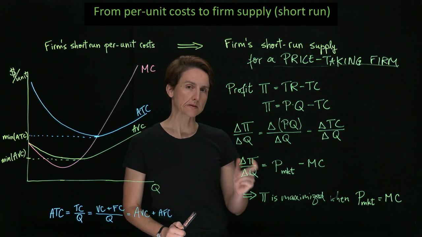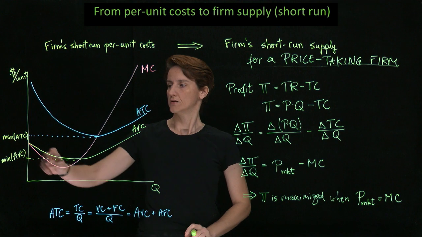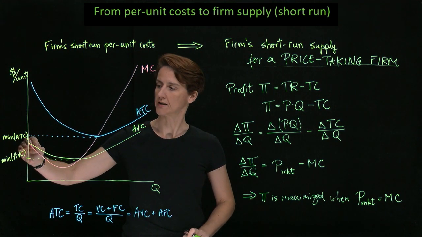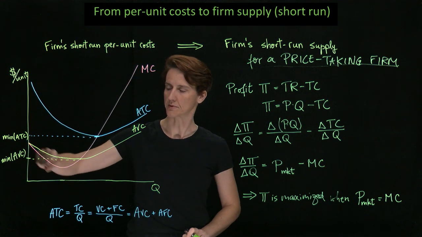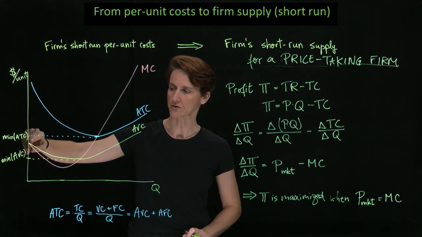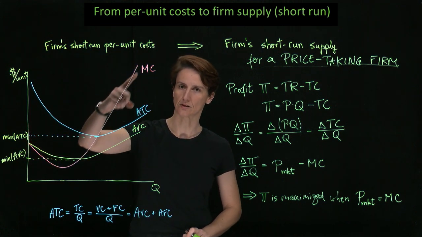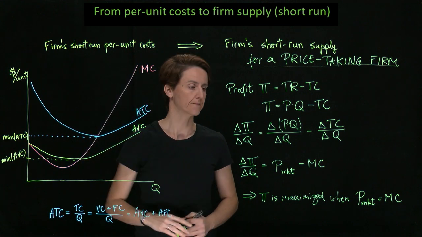However, we need to specify one more thing. Note that at different levels of price, it's possible that there are 2 points where marginal cost equals that price. There's one segment here where marginal cost is in the process of decreasing, and then there's another segment where it is in the process of increasing.